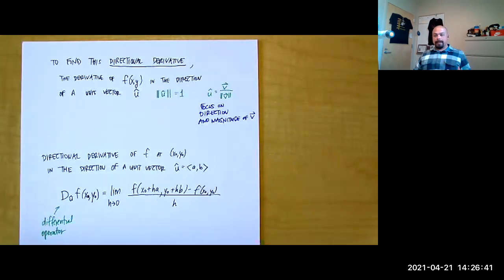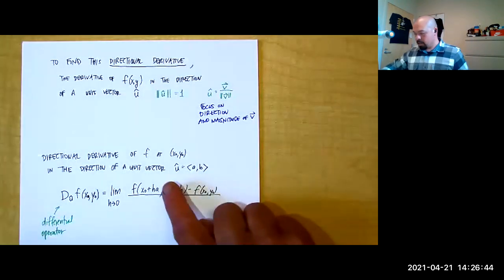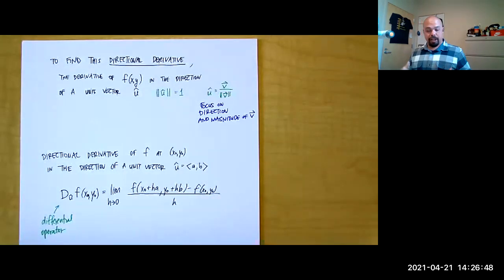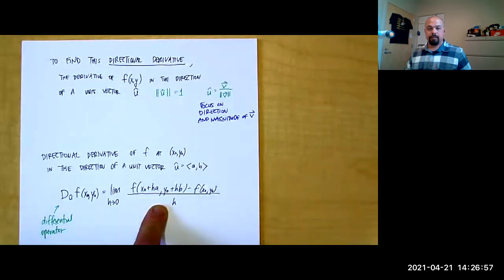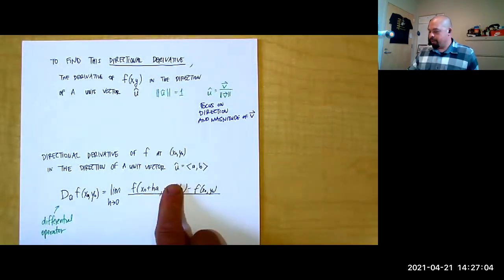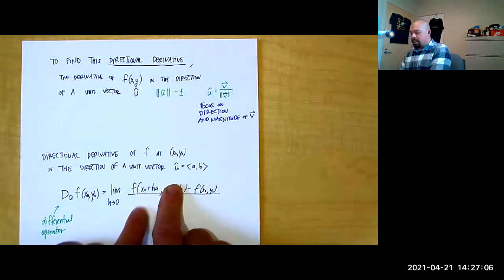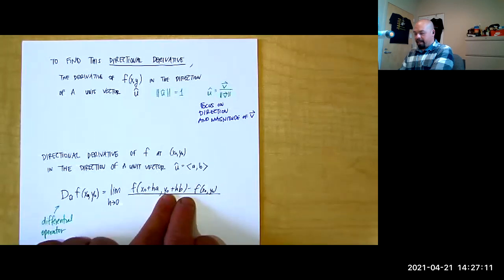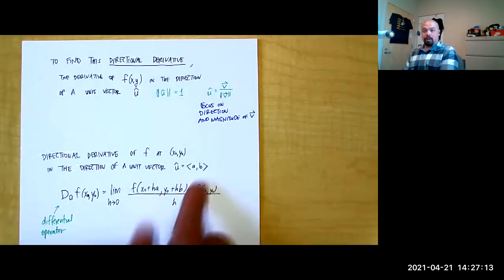So very similar to what we had done with those partials, but now actually allowing both x and y to change, okay? And so that's how we're defining that directional derivative, but kind of like what we did with our partials before, right? Now really all we're doing is seeing that h is being multiplied by a, h is being multiplied by b, those components of this unit vector.